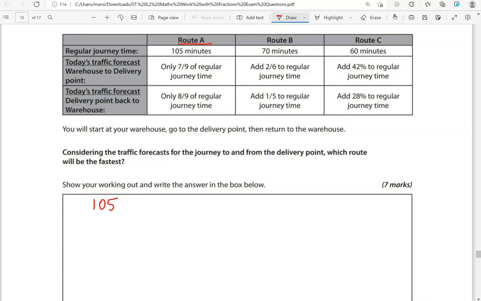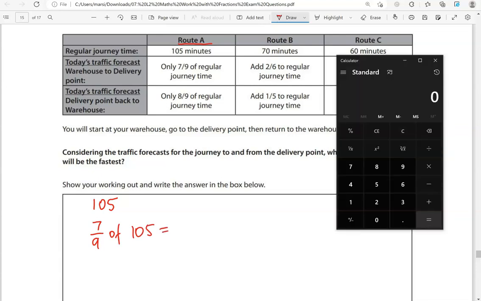So 105, and we're looking at 7/9 of 105. So we could do it as 7/9, 7 divided by 9, times 105, which is 81.67.